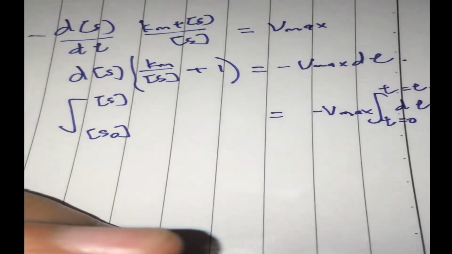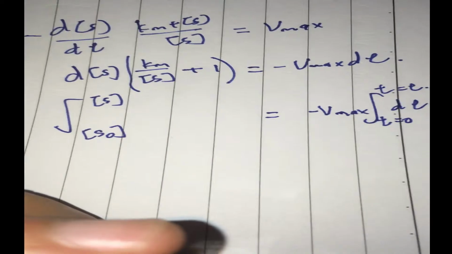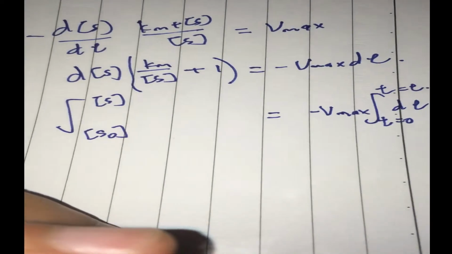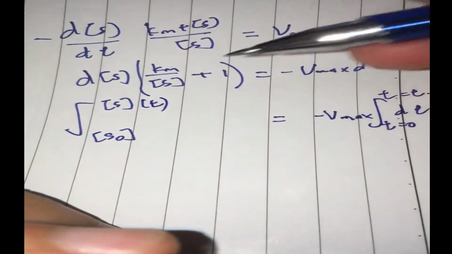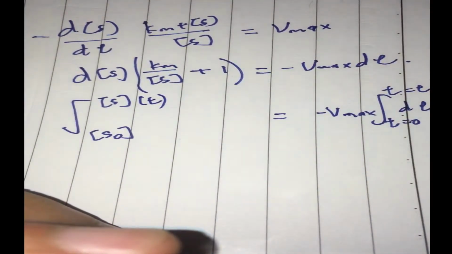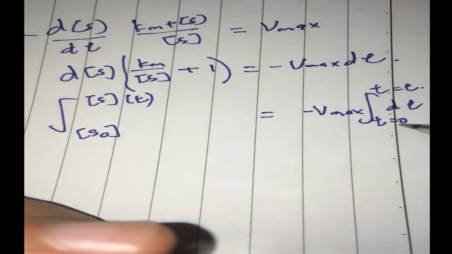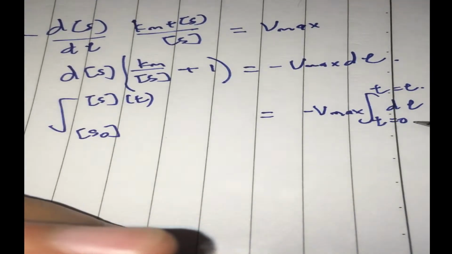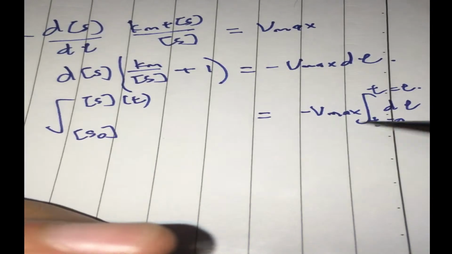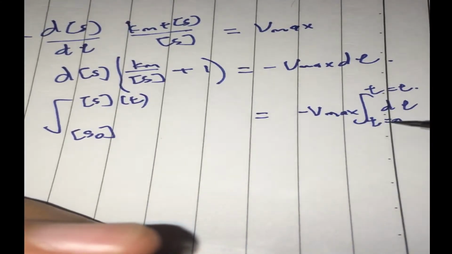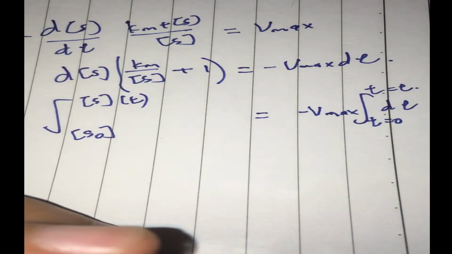S0 is the initial concentration, and S is the concentration at any time T. So this is S at time T. That's one way of integrating. Of course, you can integrate at maybe T equals 5 or T equals 10 minutes. It depends on how you want to fit this equation using your experimental data.